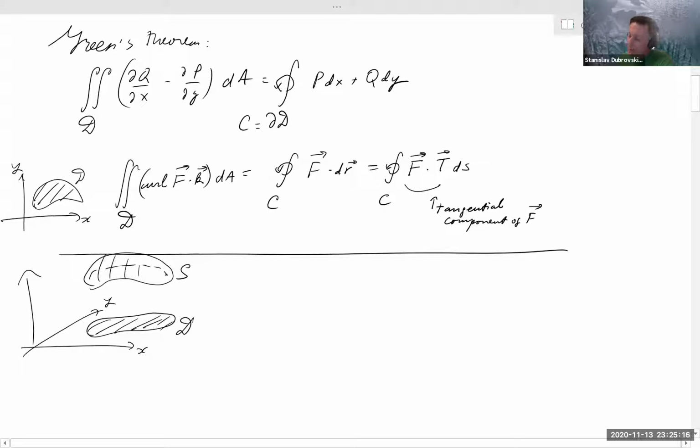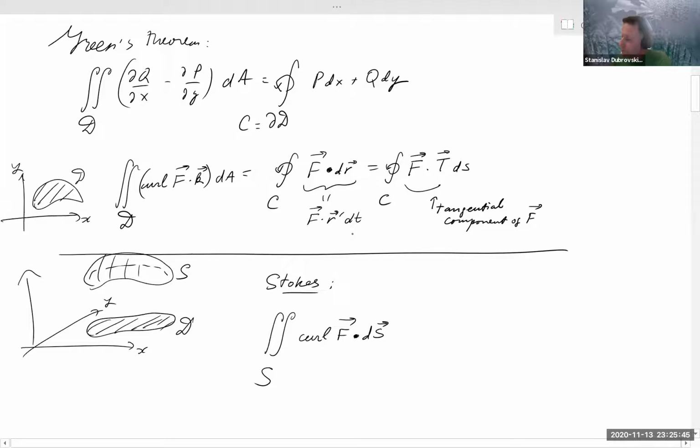Then Stokes theorem will tell us that if we do the double integral over the surface S of the curl F dS, so by this dot product, just like with this dot product, we have to interpret it somehow.